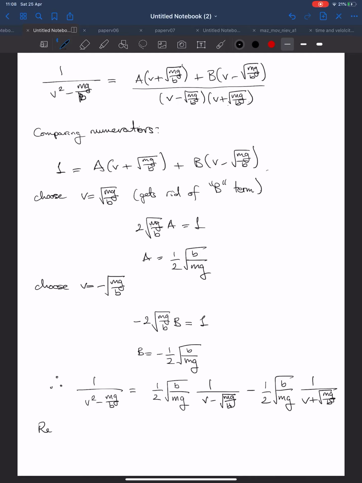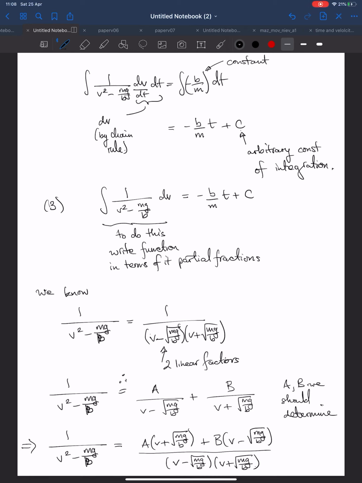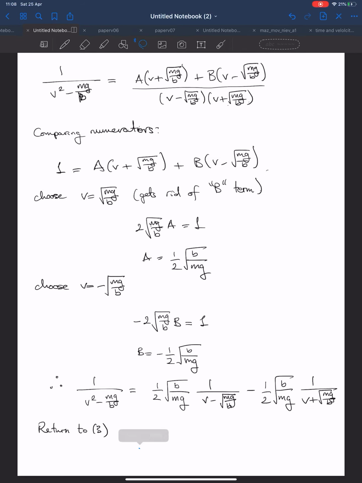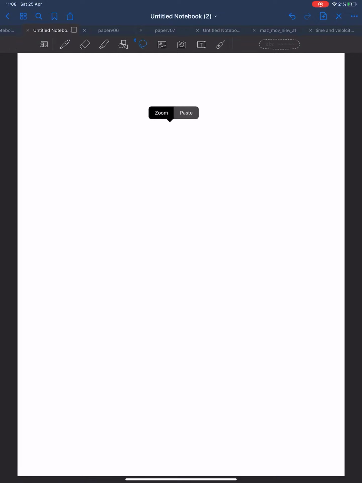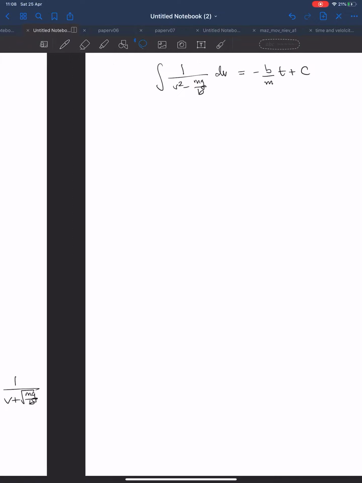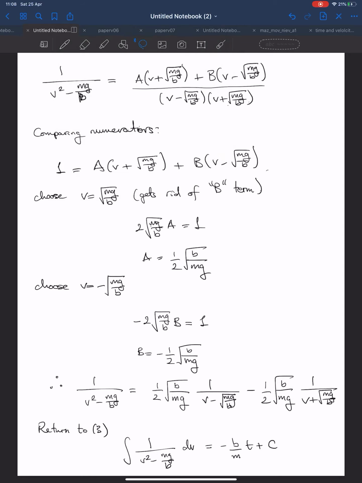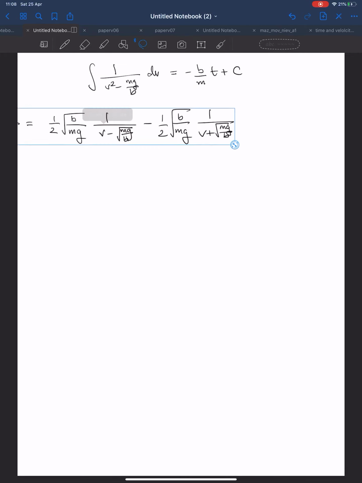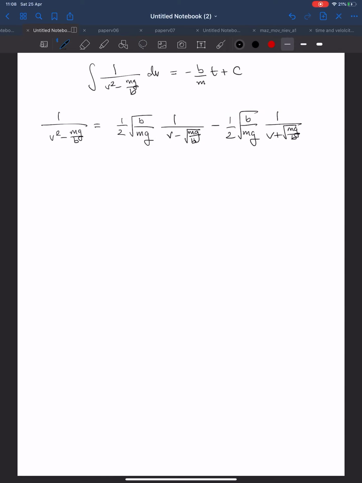Okay, so return to 3, and we'll sub this in. So if I return to 3, this is what we have. And I'll now plug in the left-hand side exactly this expression. So now we have this. We know that the fraction inside the integral on the left-hand side is also this, and this gives us a chance to integrate some linear factors.